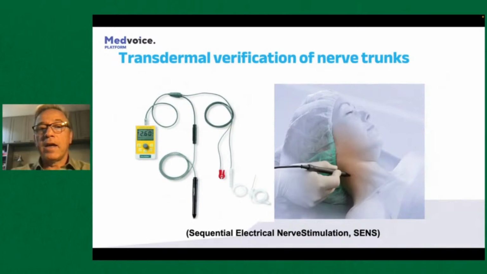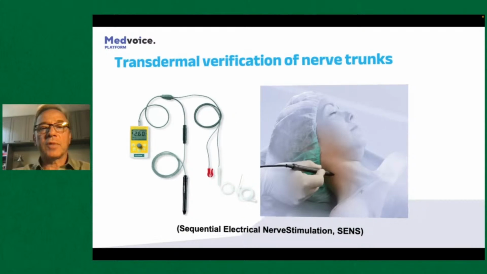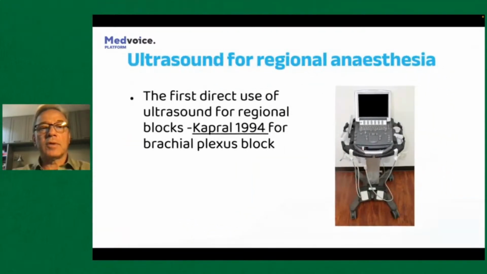At some point, there was this transdermal verification of the nerve trunks. There was a little pen that you could put on top of the skin over, in this case, the brachial plexus, looking for the best location to insert your needle. So there was a mapping of the nerve going on. It didn't really take off as well as ultrasound.